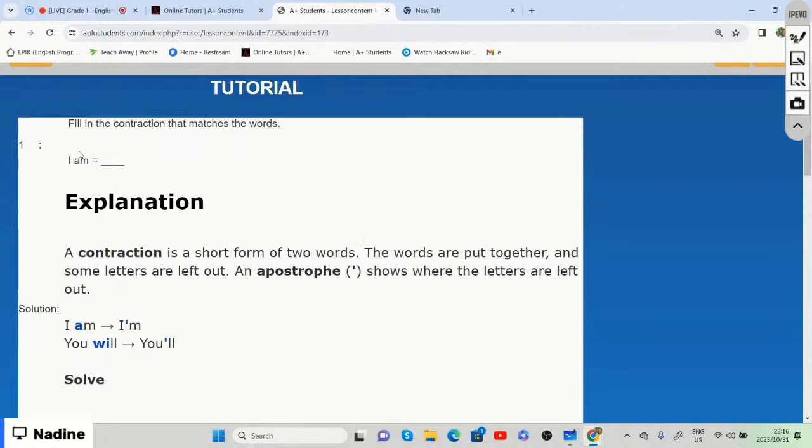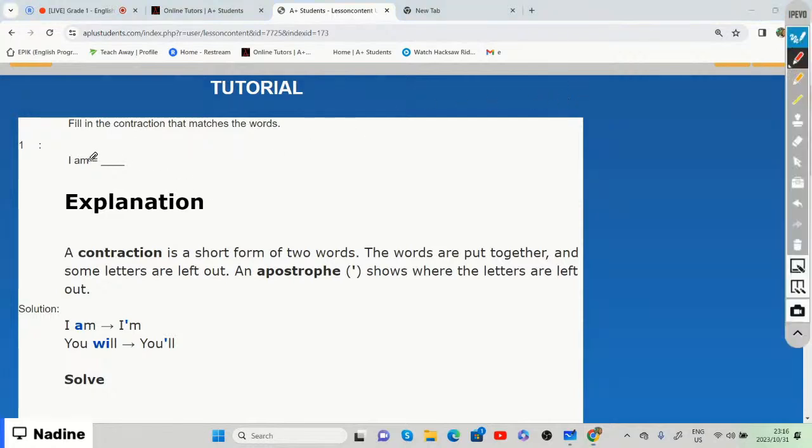All right, so over here, it says fill in the contraction that matches the words. So I am, right? But now if we find the contraction of it, we say it's capital letter I, remove the A, we put on the M, and we put the apostrophe in the place of where that A was supposed to be.